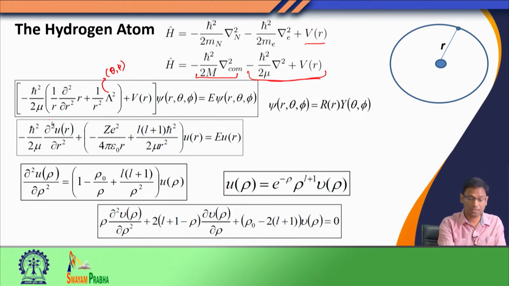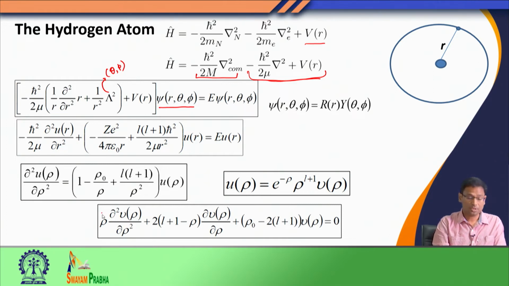This is our Hamiltonian for the kinetic energy part, this is the potential energy, and we wrote down the Schrodinger equation. When you look at the Schrodinger equation, we say that this wave function that we still do not know what it is should depend on r, theta and phi variables, because we see our operator having dependence on r, theta and phi.